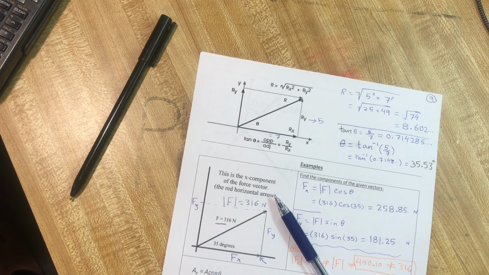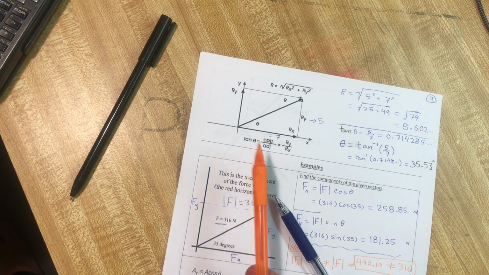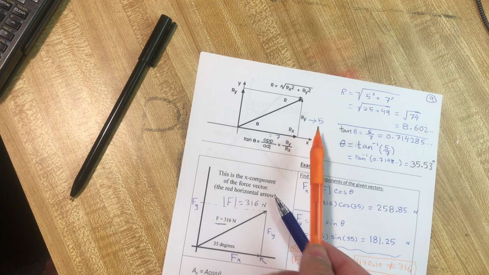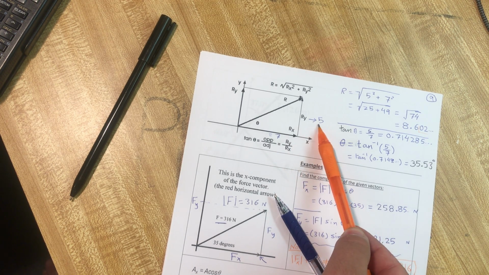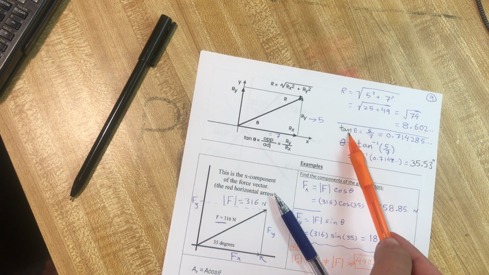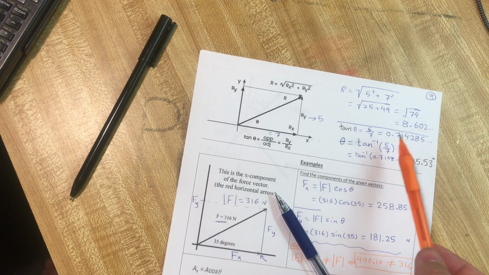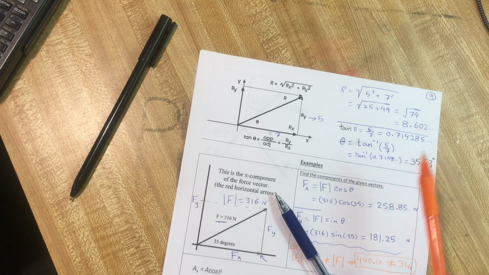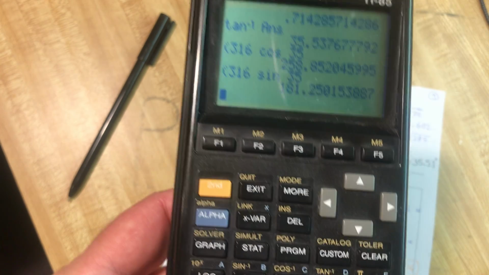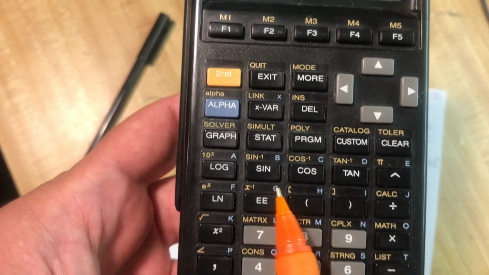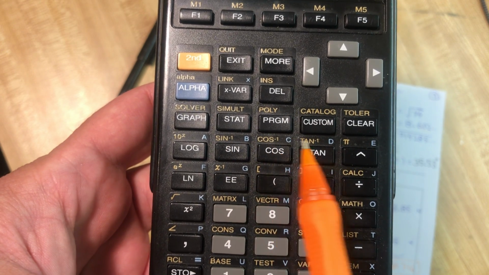Can we find the theta? Yes, we can. We can use the trigonometry relations. We can use tan theta, which is equal to opposite over the adjacent, which is ry over rx. Okay, ry is 5, rx is 7. Tan theta is equal to 5 over 7, which is equal to 0.71428 and so on. We can also round it. For theta, we can use the inverse function from the calculator, which is sine inverse, cosine inverse, tan inverse.